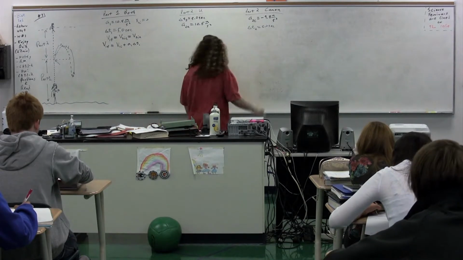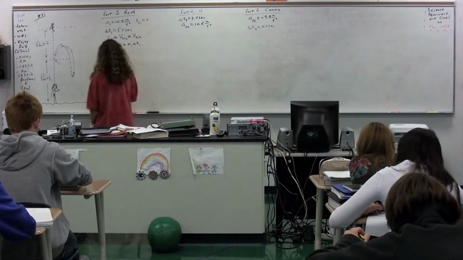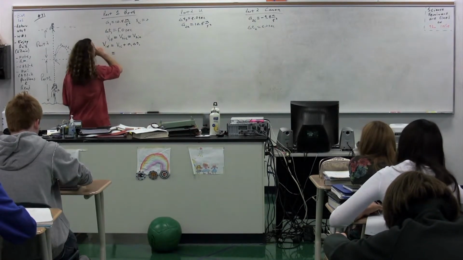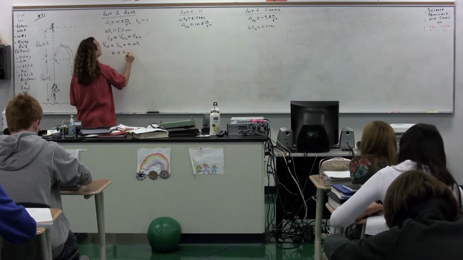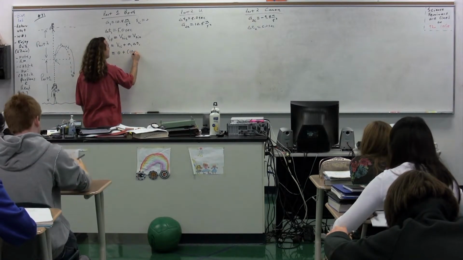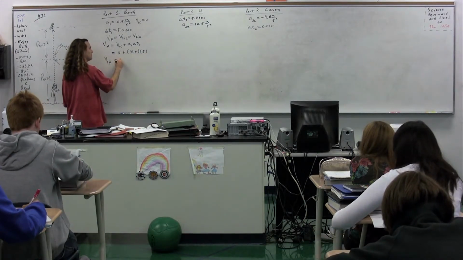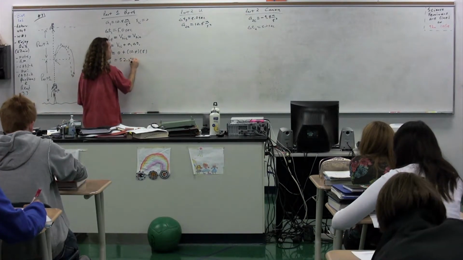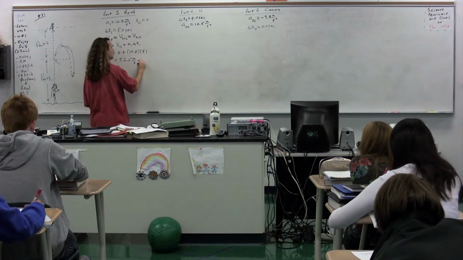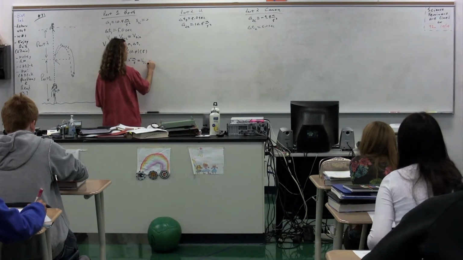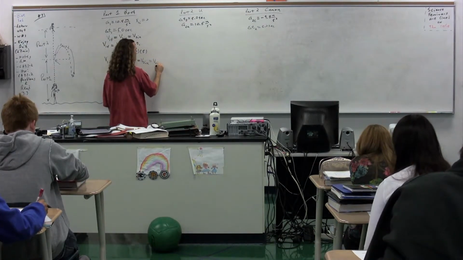So we now have all the information we need. Velocity for part 1 initial was 0, plus the acceleration for part 1, 10.5, times the change in time for part 1, which is 5. Therefore, velocity 1 final is 52.5 meters per second, which is the same as the velocity initial for part 2 for you and for the camera.